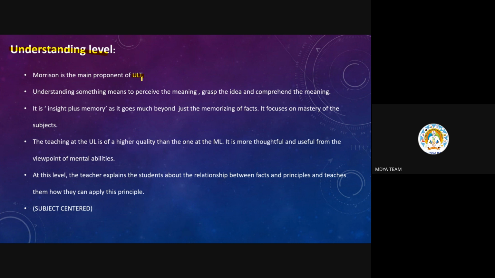So you have to keep in mind that ULT stands for understanding level of teaching. In one or two previous year questions, I have seen this trend that they are just going with ULT, RLT. Okay, they just put things like that. So Morrison is the main proponent of understanding level. Herbert is for memory level, and Morrison is for understanding level.